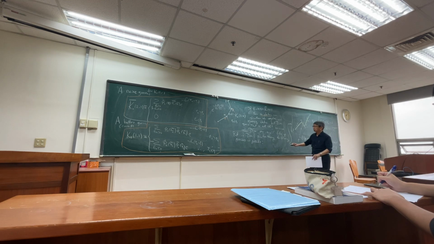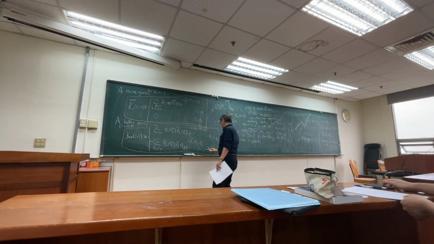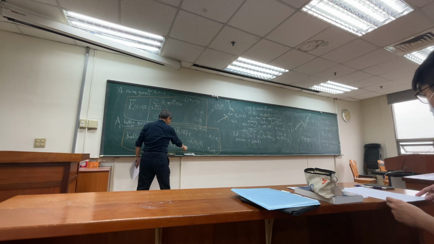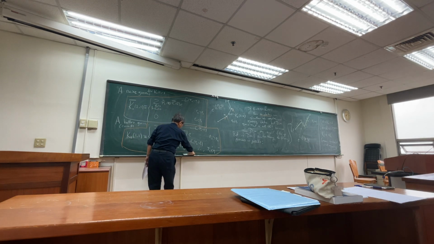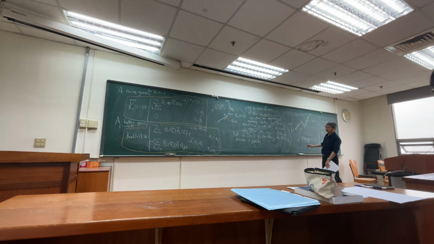Now suppose that T4 is greater than T3, then I have to use that, right? And the phase here is exponential minus E times T2 minus T1. So that is T3 minus T4, right?